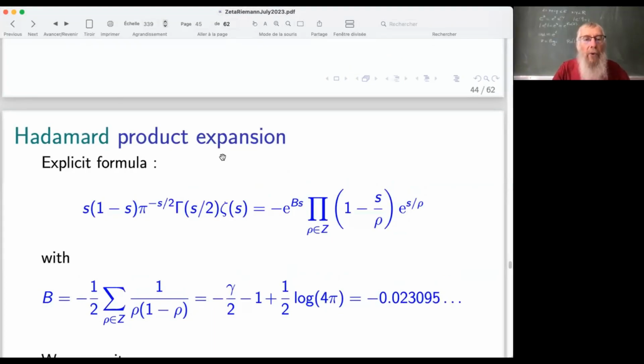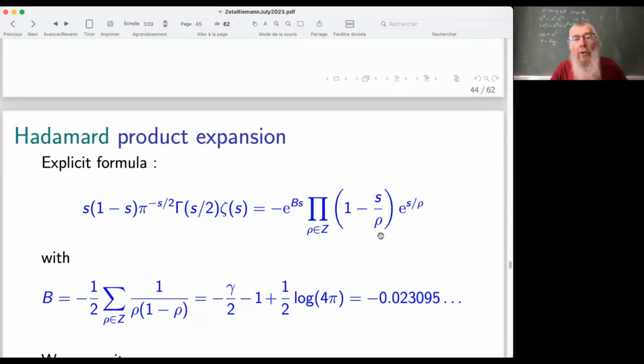There is a product expansion, which is due to Hadamard, for xi of s, which is the function which is here. And the zeros of xi of s are exactly the zeros of zeta which are the non-trivial zeros, which means that they are the elements of Z in the critical strip.